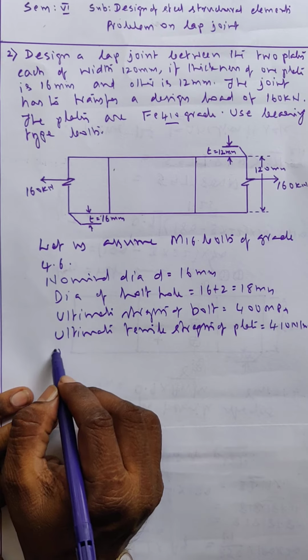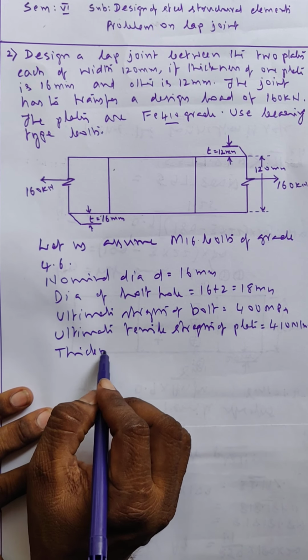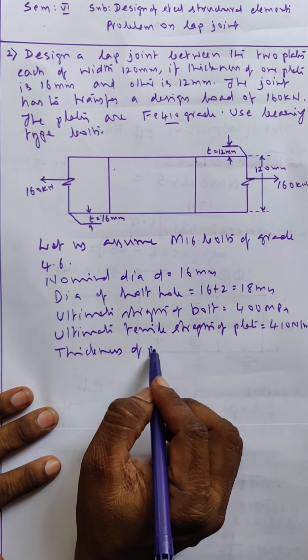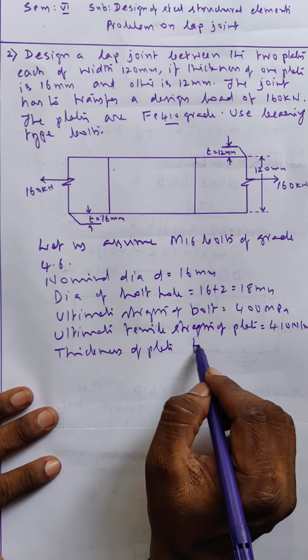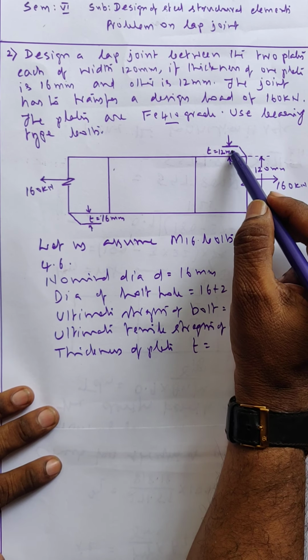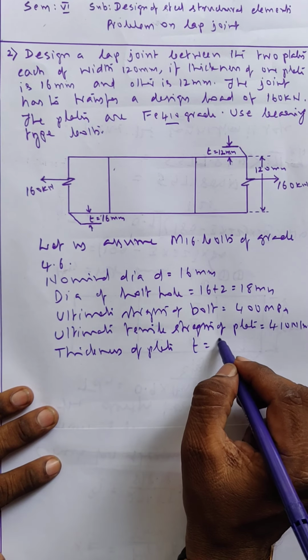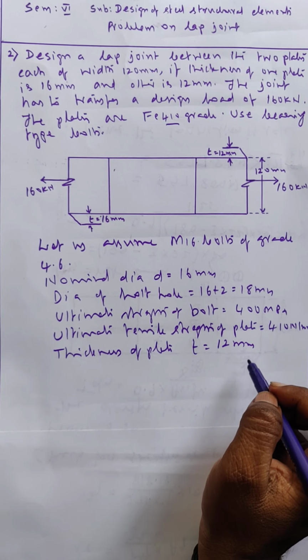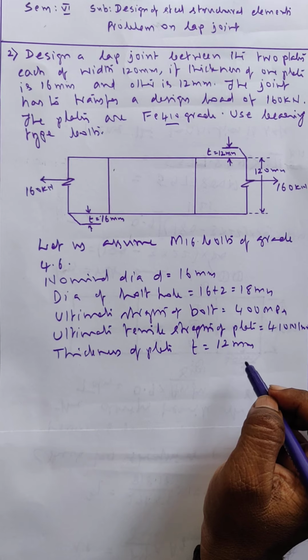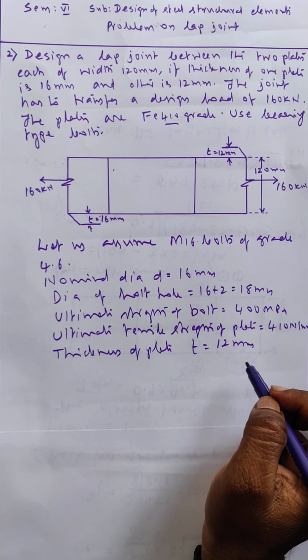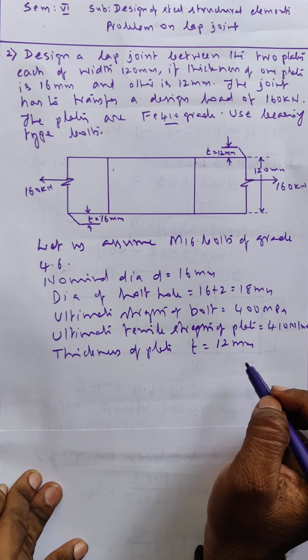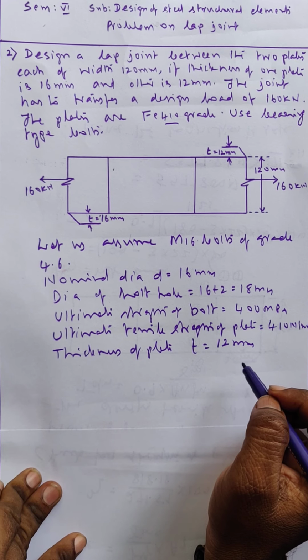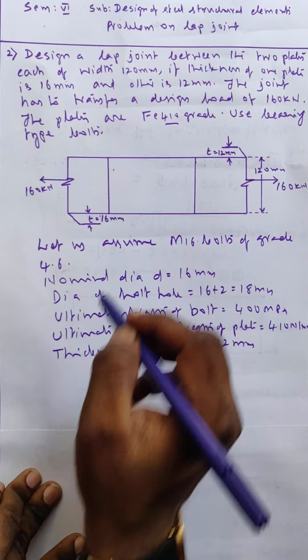Thickness of the plate, t, equals the thickness of plate. We always have to take the minimum thickness. One is 12, another 16, so we take the 12 mm thickness plate. Then from page number 75 of IS 800, we can calculate the shear strength and bearing strength of the bolt. After getting the bolt value, we can calculate the number of bolts required.